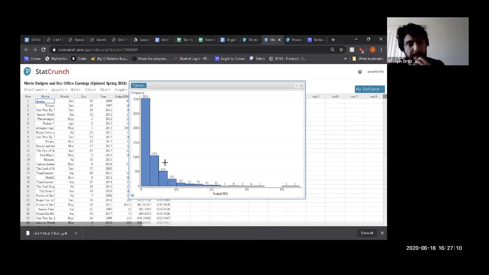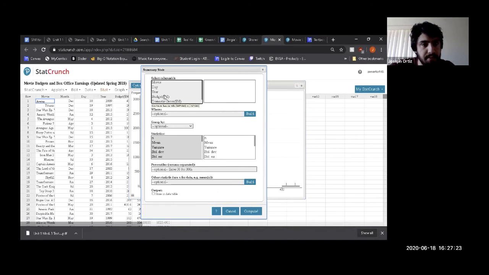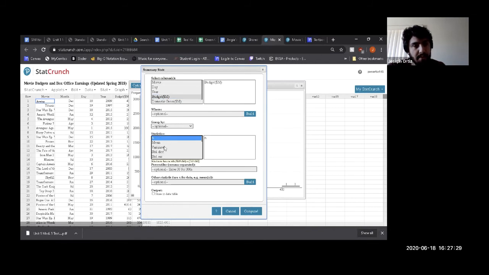All right. So the way we can look at that information is we go to Stat, we go to Summary Stats, Columns, because that's a column that we're picking. If it was a row, it would be Rows. So for our budget, we want to see our sample size, our mean, our standard deviation.